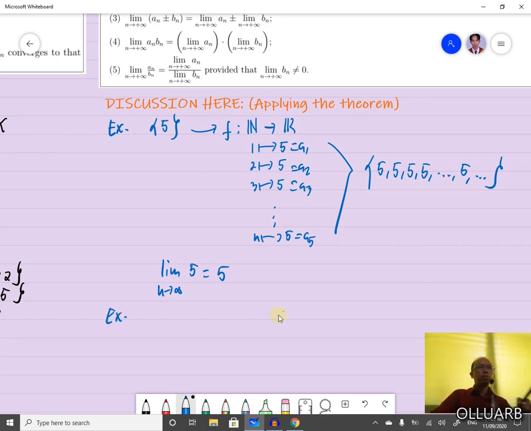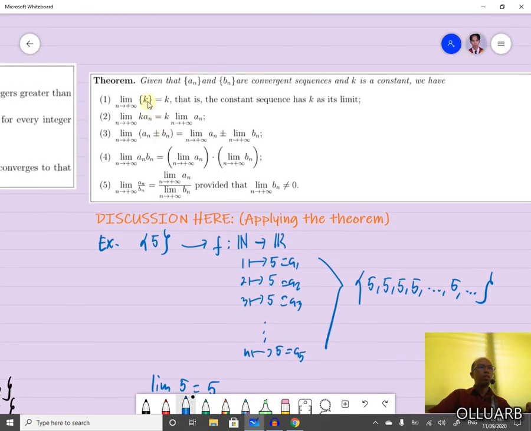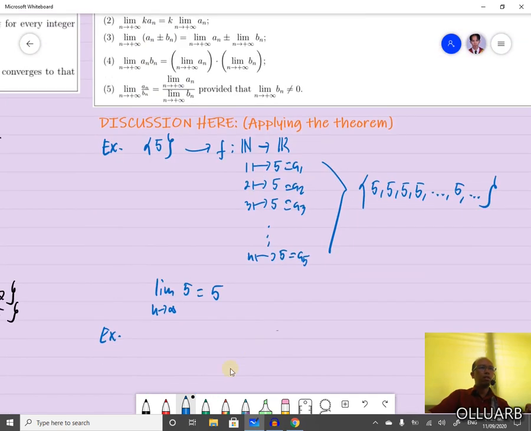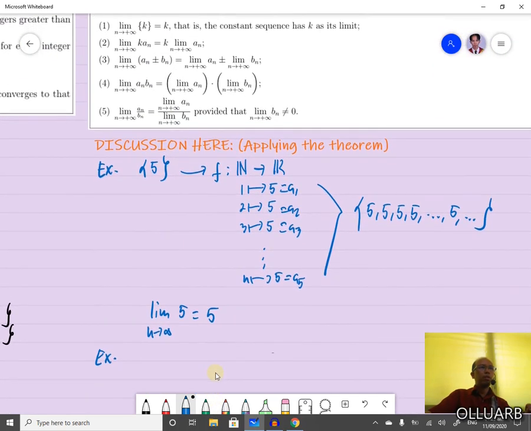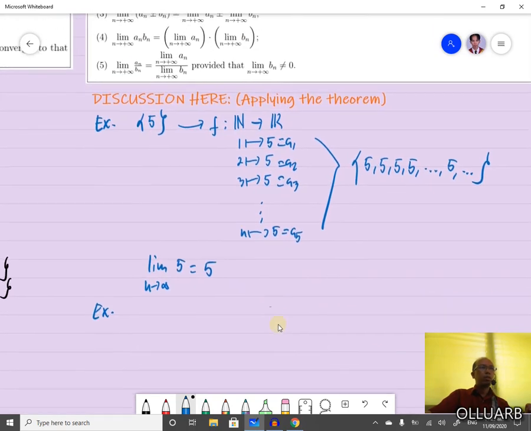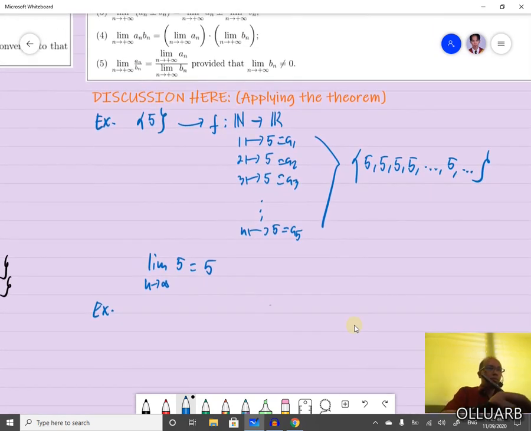Another example, I think this notation is, yes, this is correct. Our a sub n is 5.